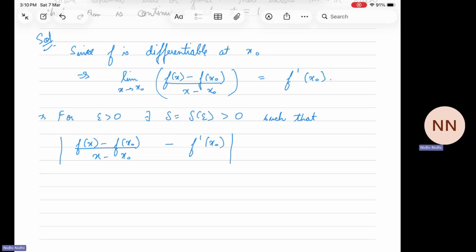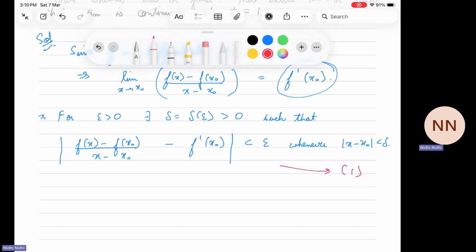Because f is differentiable at x naught, this f dash x naught is a finite value. Let me mark this as equation 1.